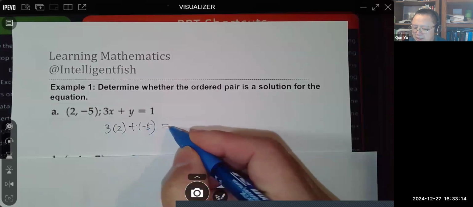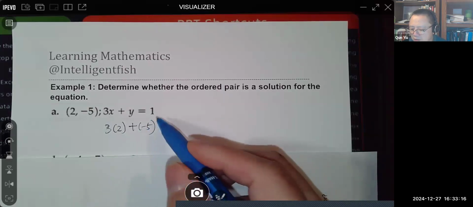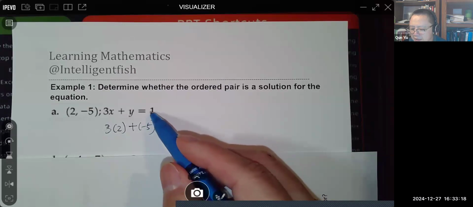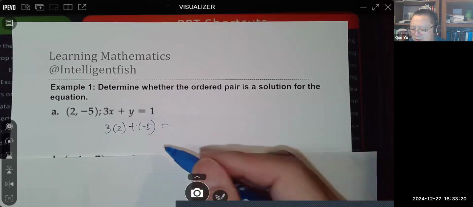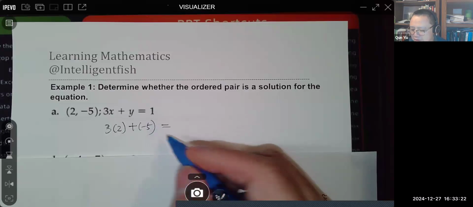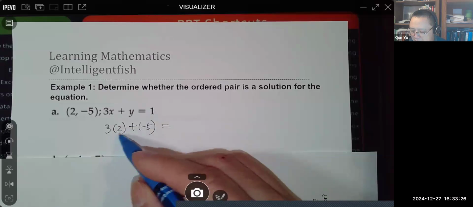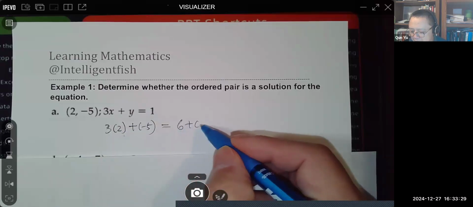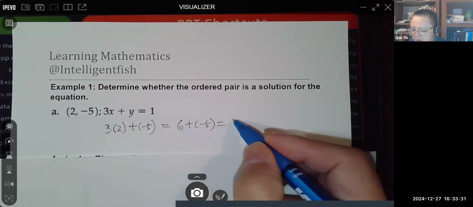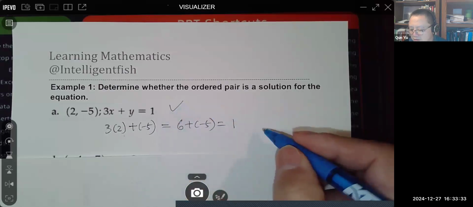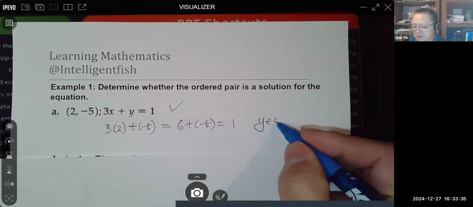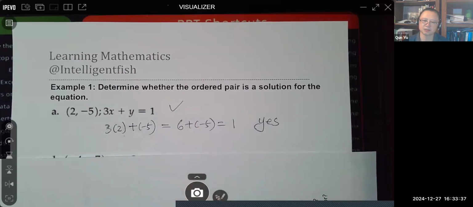Let's do the calculation. If this results in 1, which is the same as the right-hand side value, then we get a correct solution. Otherwise, this is not the solution. So 6 plus -5, and that is 1. So there's a check out. The answer is yes, the given ordered pair is a solution.